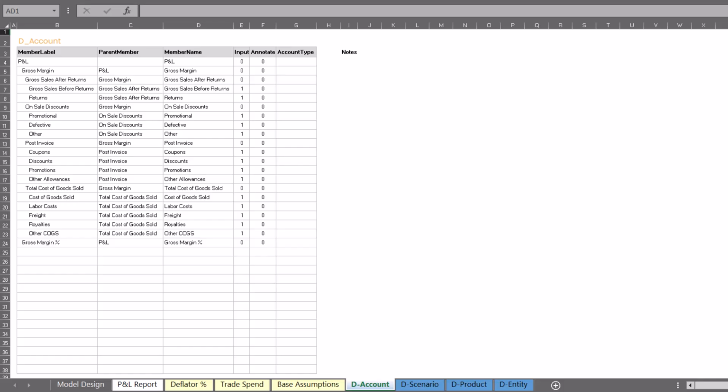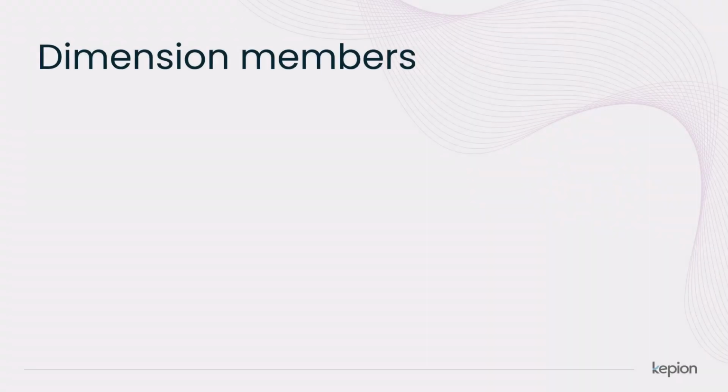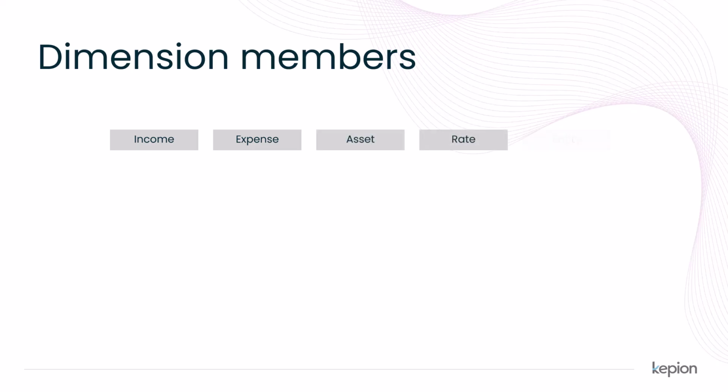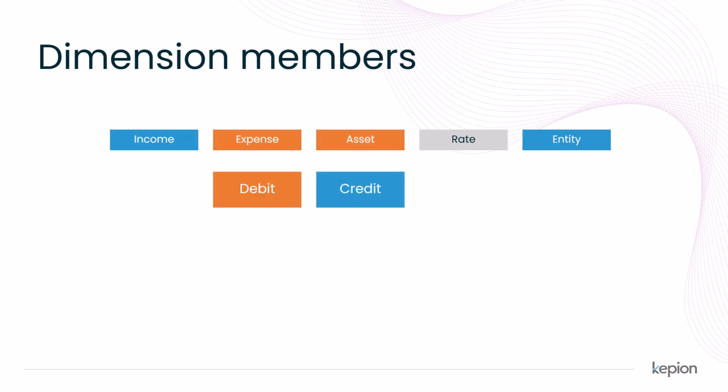The account dimension is special as it also comes with an account type attribute. Kepion has a large number of account types to choose from, such as income, expense, asset, rate, entity, and more. All of them can be categorized as either debits, credits, or neither. This category will decide the account roll-up operators.